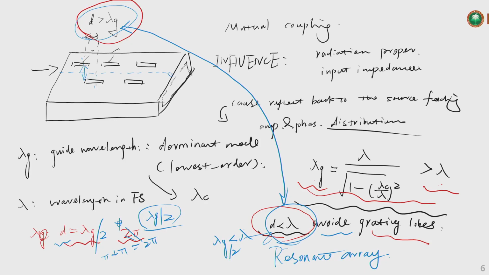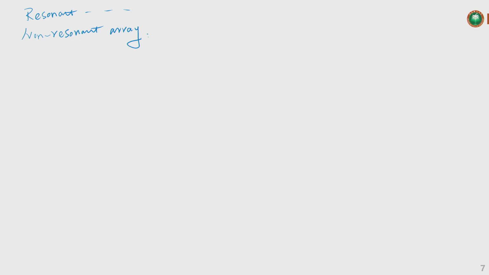And for the non-resonant array, its operating frequency is usually much wider. It's going to be much wider. So how is it going to work?